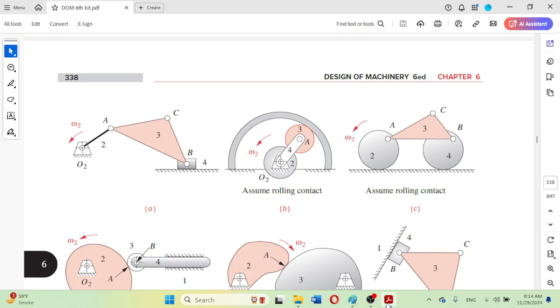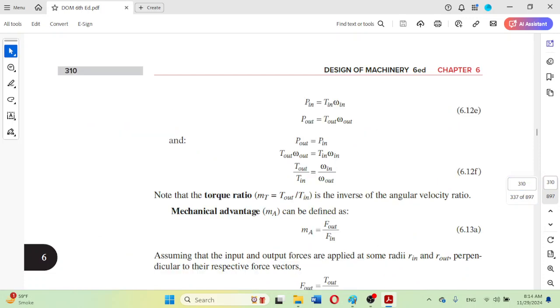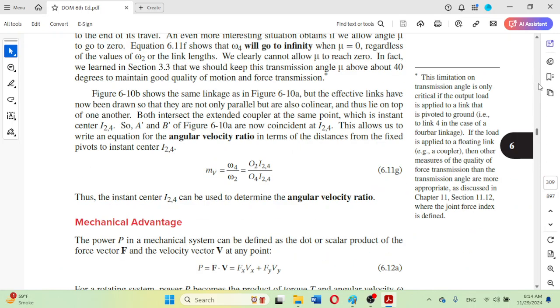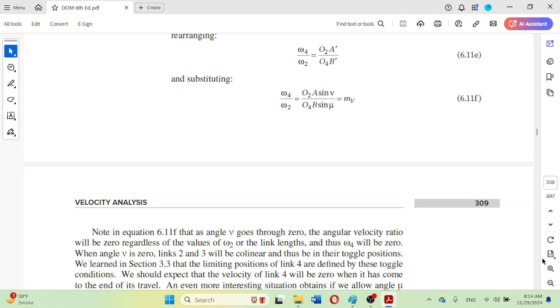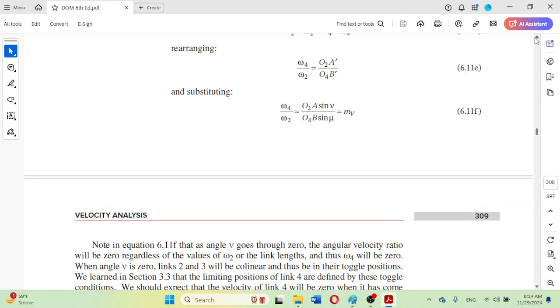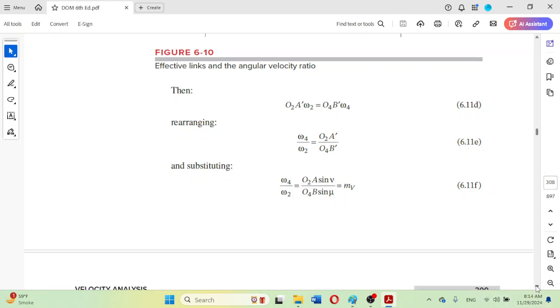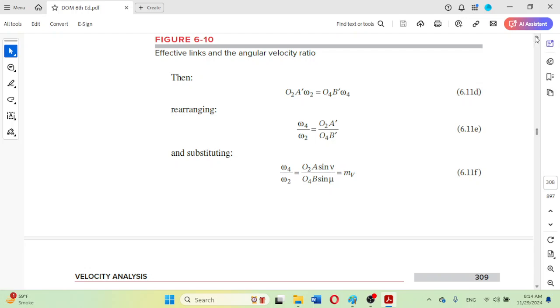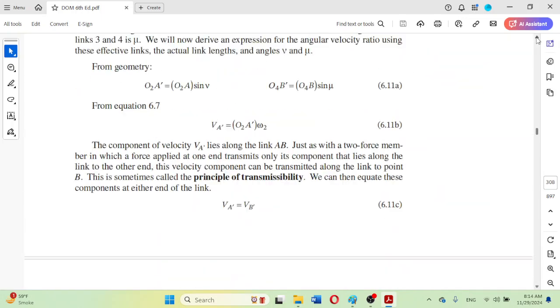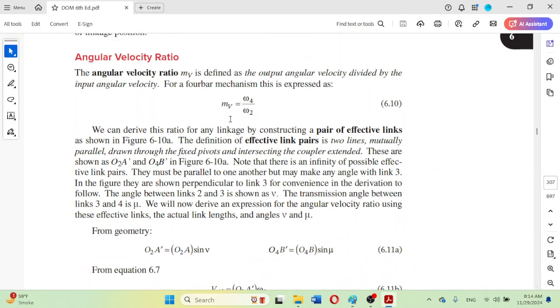if for example we consider the formula for the angular velocity from the article, so go on to some previous page here. As we can observe here, the formula for the angular velocity ratio is equal to omega 4 by omega 2.